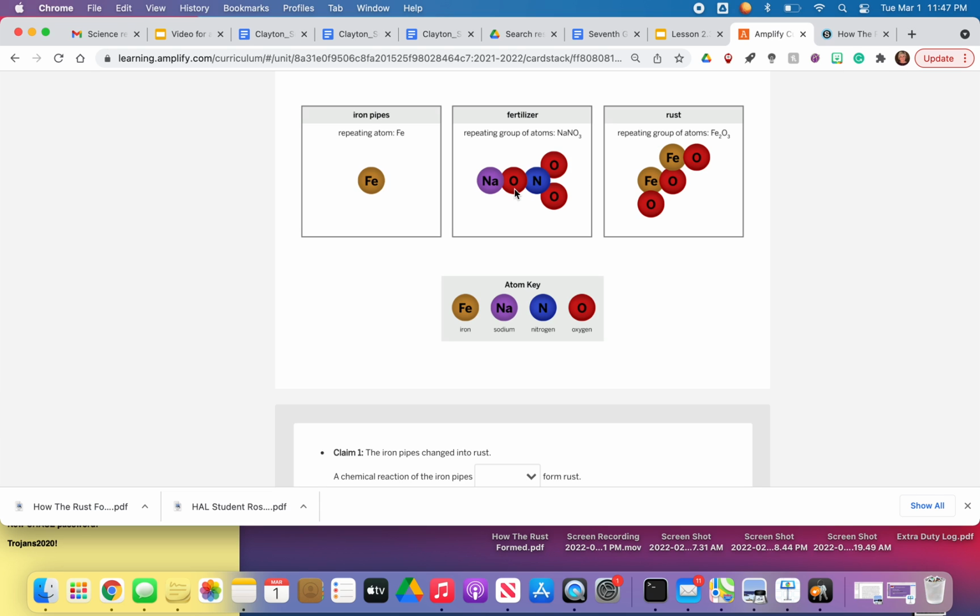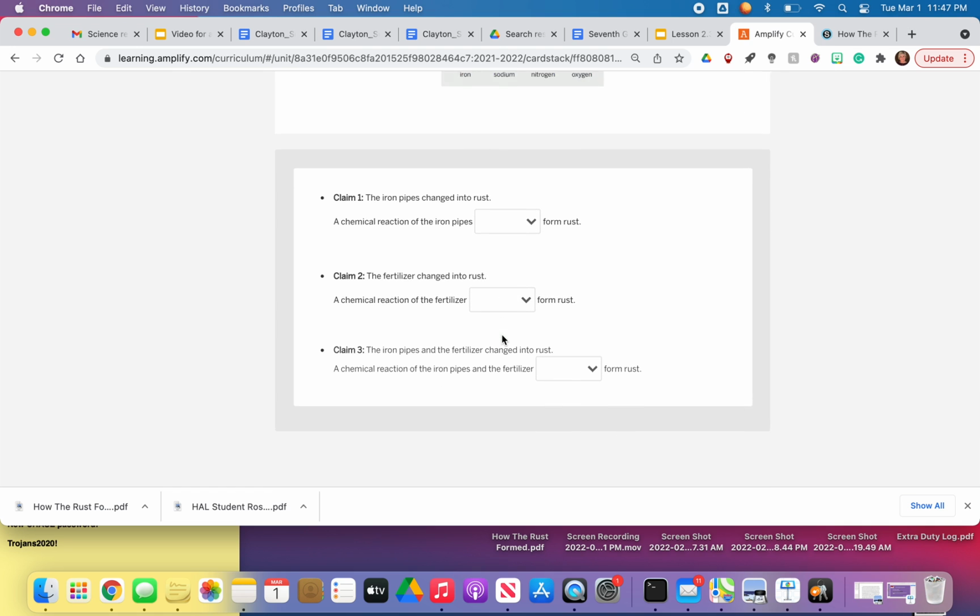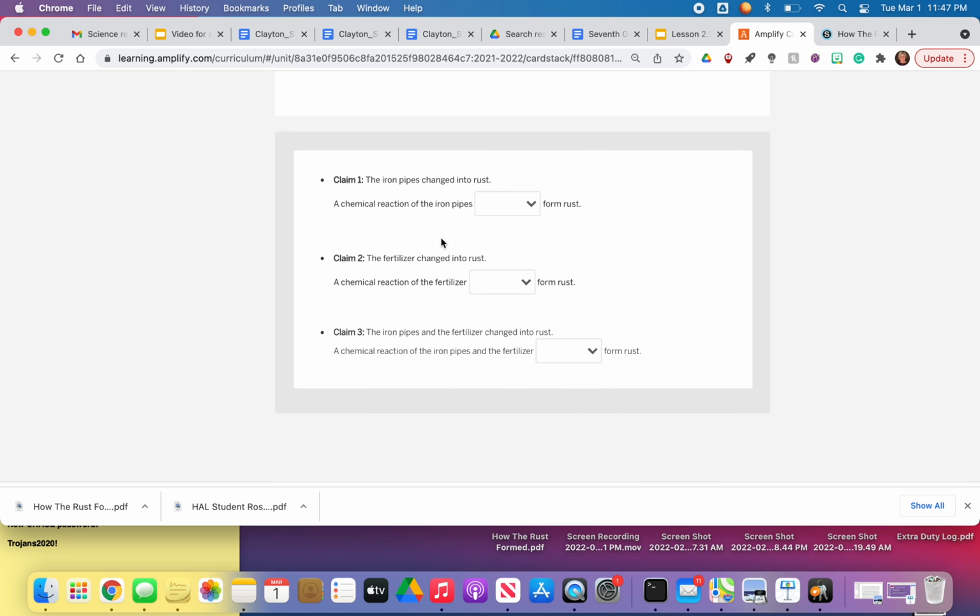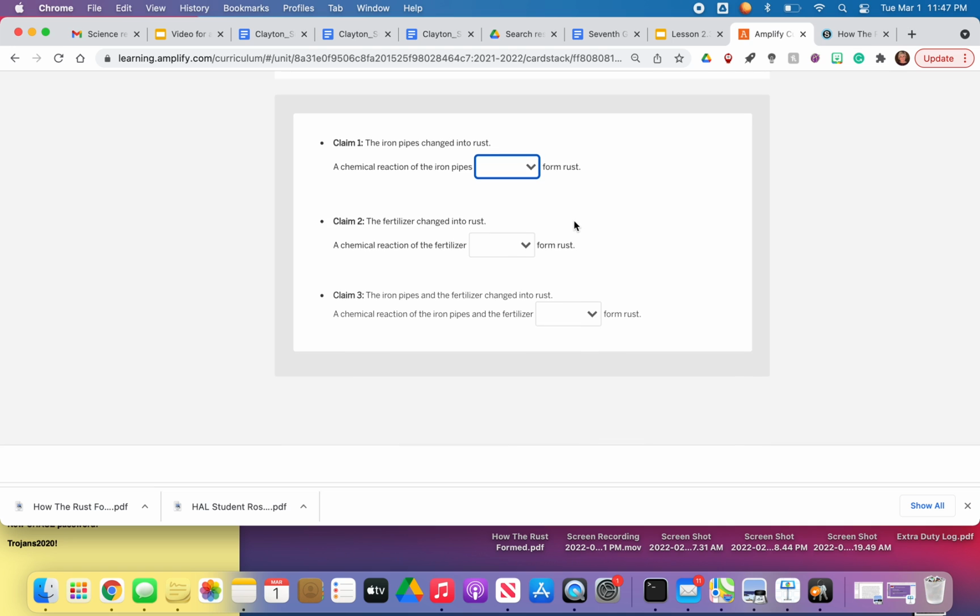I don't think you have enough tokens to make a bunch of these repeating atomic groups, so just one is fine. If you need to remind yourself, here's the atom key. And you are going to answer these questions here. Claim number 1. You're going to decide, just go ahead and click that and tell me if you think it could or it could not.